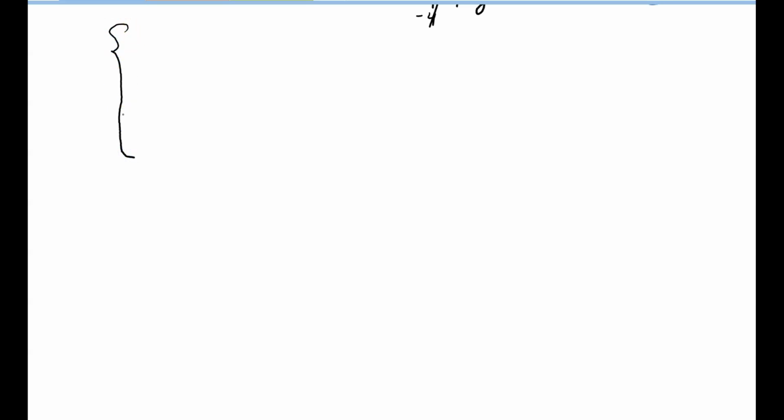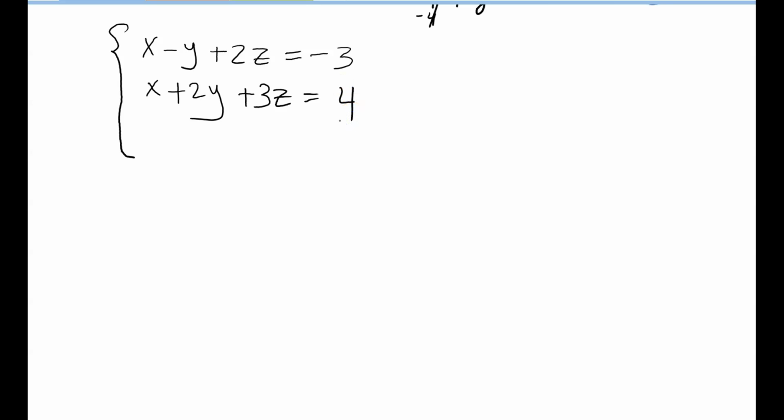Try this one. x minus y plus 2z is equal to negative 3. x plus 2y plus 3z is equal to 4. 2x plus y plus z is equal to negative 3.